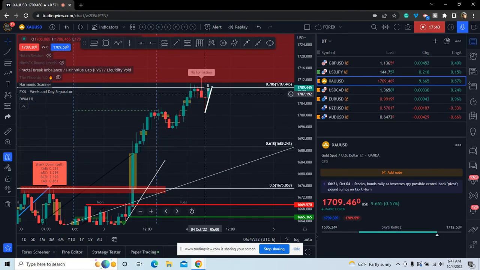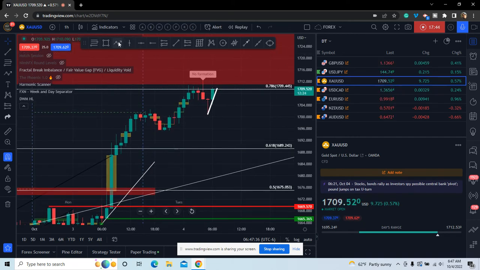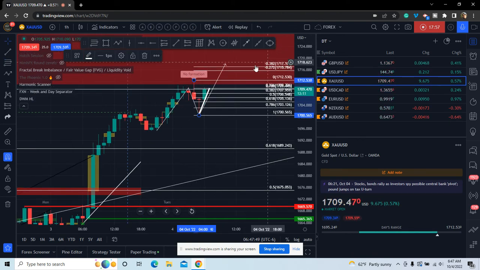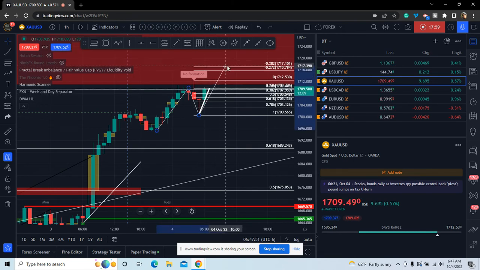So we're still bullish on gold, really. This can go a little bit higher for a move into 117.20, I expect.